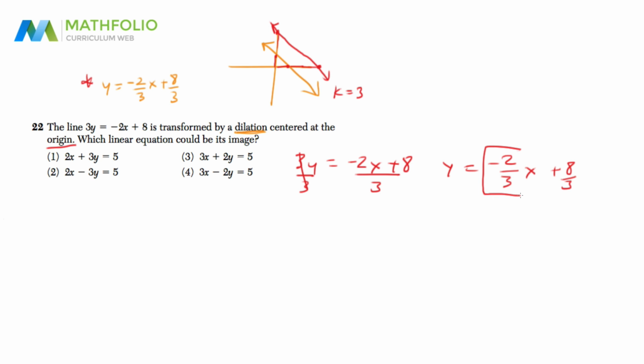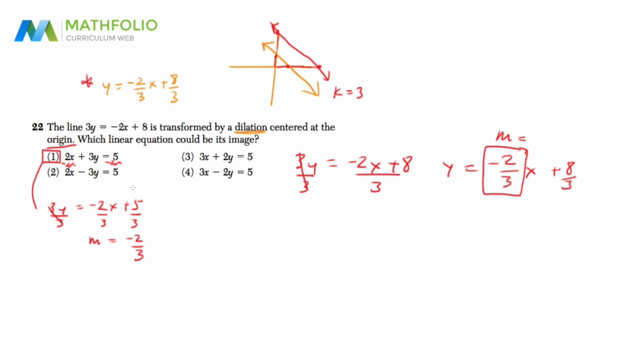Now we've got the slope to be negative 2 over 3. We're looking for one of these equations that has the same slope. So in the first case, if we subtract 2x from both sides, we end up with 3y equals negative 2x plus 5. And then by dividing by 3, you end up with a slope of negative 2 over 3, which is the same. So therefore, number 1 would be our answer.